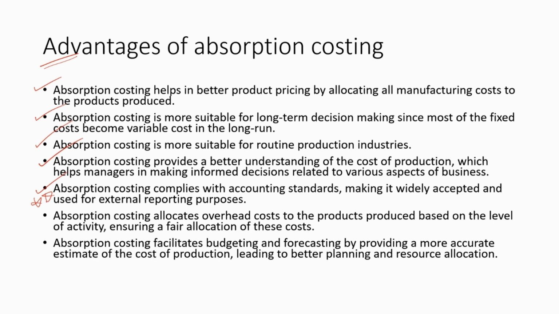This is the main costing technique which businesses use, which also complies with the accounting standards. This is really important. Absorption costing allocates overhead costs to the products produced based on the level of activity, ensuring a fair allocation of these costs. Absorption costing facilitates budgeting and forecasting by providing a more accurate estimate of the cost of production, leading to better planning and resource allocation.